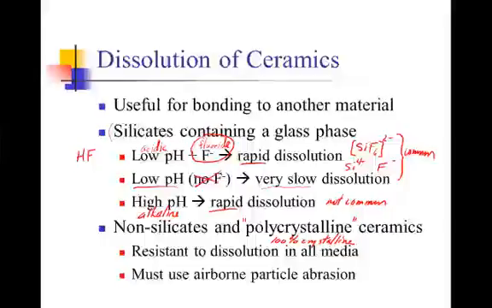If you would like to roughen the surface for some reason, like cementing them to another material, then you have to use sandblasting, which is these days known as airborne particle abrasion. That's what we used to call sandblasting. Fancy name for sandblasting.